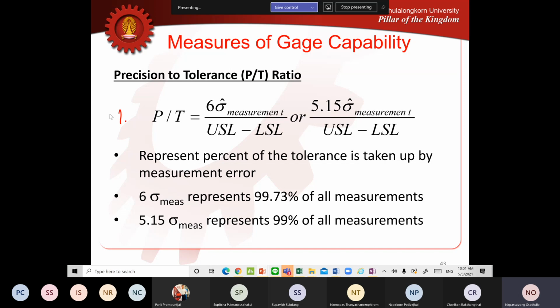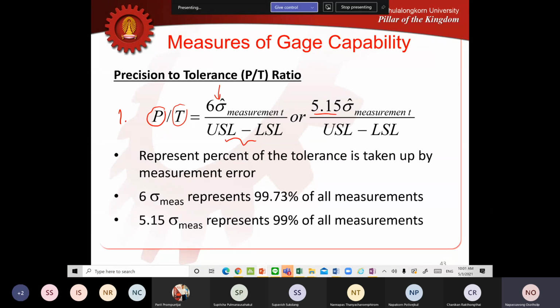Precision here is quantified by the variation of the whole measurement system, and is quantified by 6 sigma of measurements. And if 6 sigma is large, that means precision is poor, right? And then tolerance is the difference between the upper and lower specification limits. And sometimes we use 5.15 instead of 6.